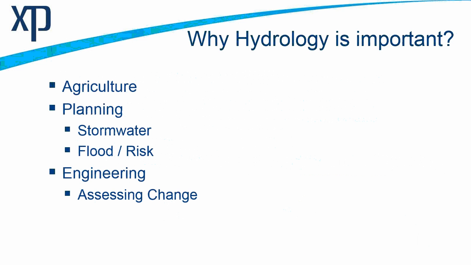So for today, again this is a slide we had in our previous webinar, but why is hydrology important? Hydrology is critical for planning, for urban development, residential areas, encroachment points, to understand the impacts associated with the land use changes and the subsequent risks associated with flooding.